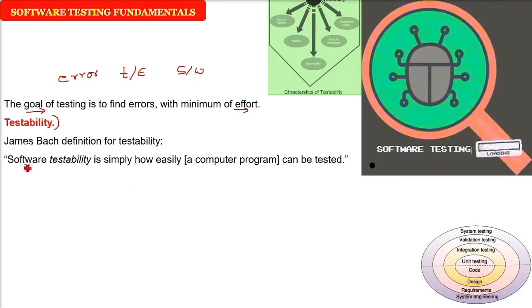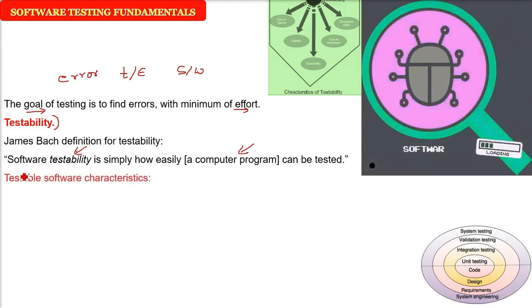He says software testability is simply how easily a computer program, a software, can be tested. In other words, a tester finds it easier to test a program.